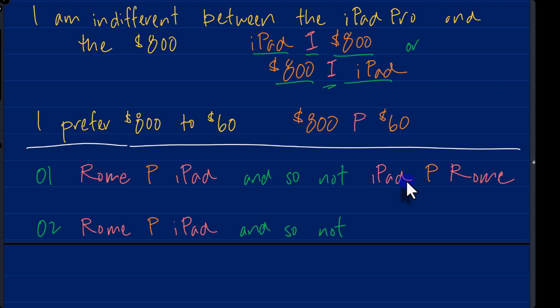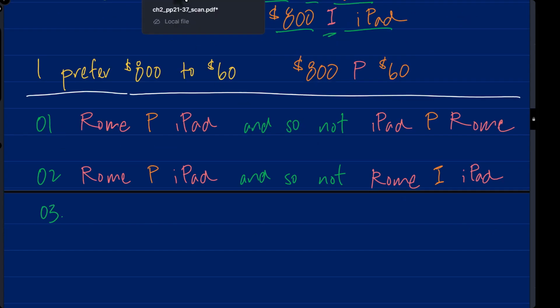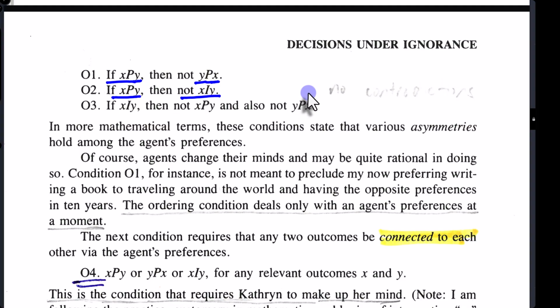And so therefore, I'm not indifferent between them. Okay, so if you're thinking this is just common sense, that's fine. That's the idea. These are the conditions that when we're rational, and that's not to say that we're always rational, but when we are, we're following these conditions.